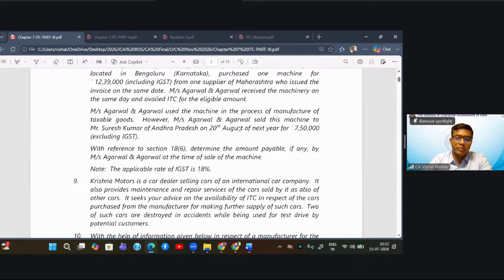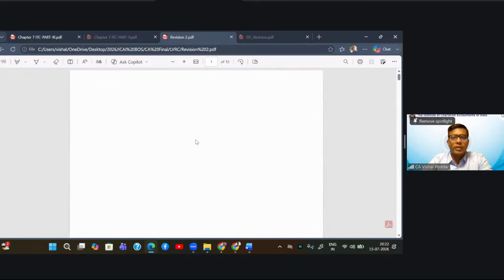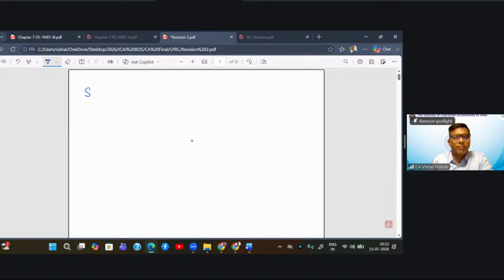Okay, so this is different. We had discussed that whenever there is a supply of capital goods or plant and machinery, then as per section 18(6), you have to pay the higher of these amounts.